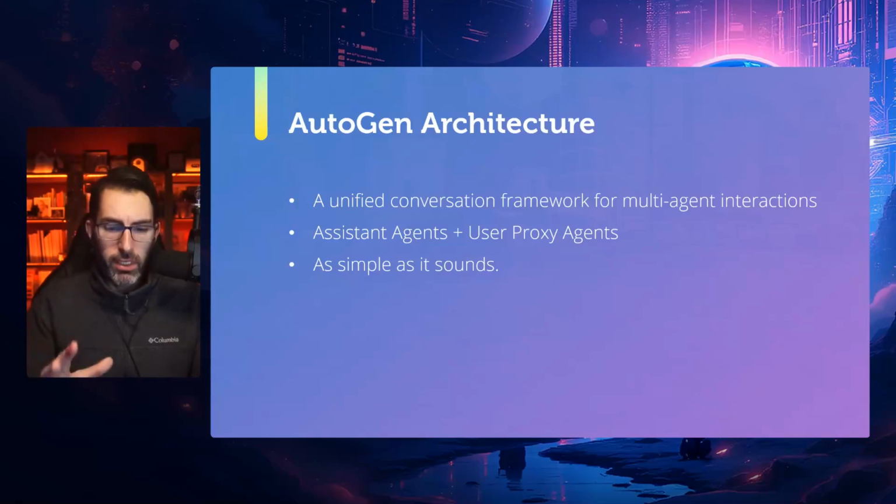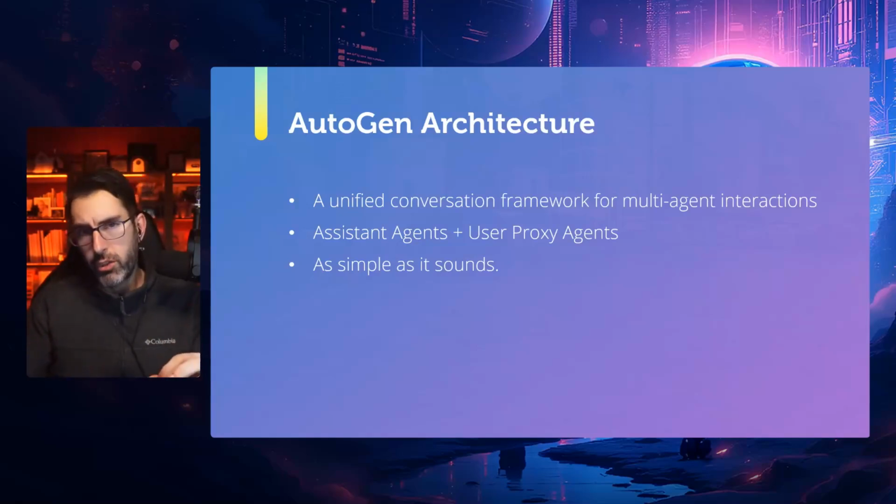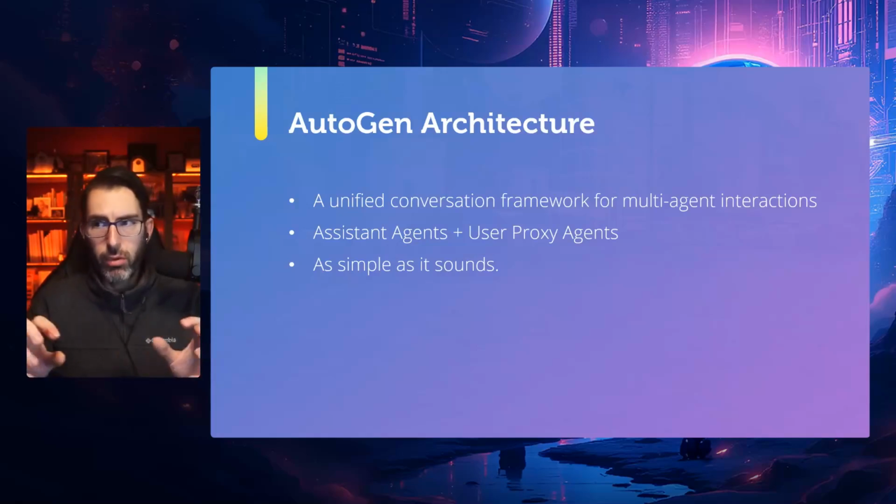So these two, assistant agents and user proxy agents, are the building blocks to pretty much everything that we build with AutoGen.